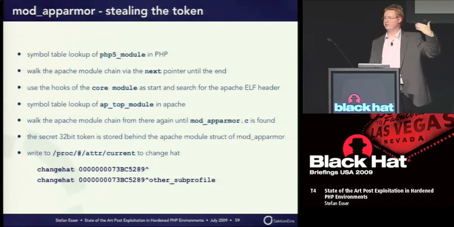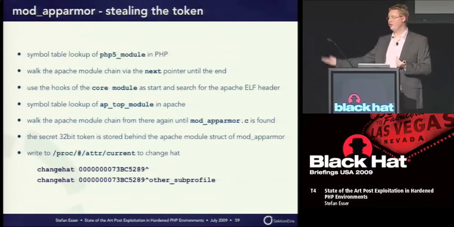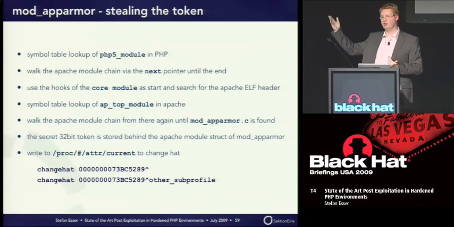Then we scan for the beginning of Apache in memory. We look up the apache top module pointer, and then we again end up in the module chain, and then we scan again. We do this because sometimes the apparmor module is after the PHP module, and so you don't get there.